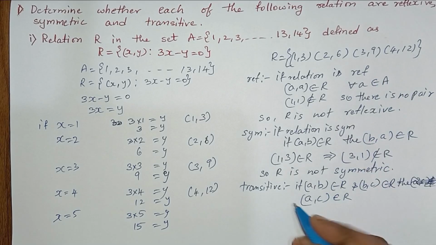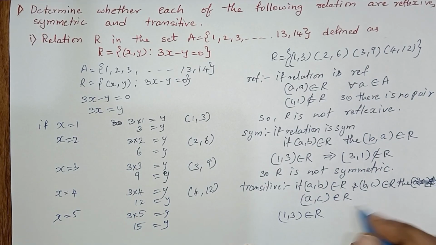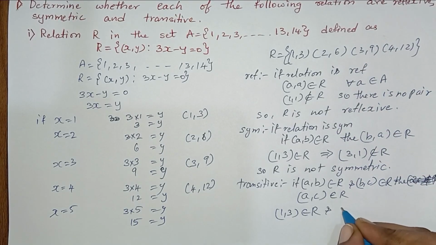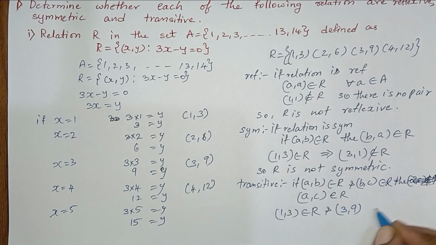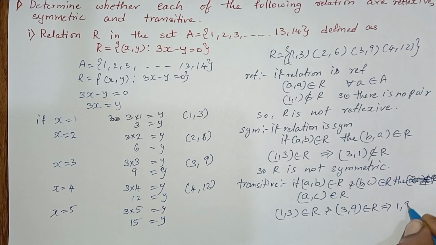We know that (1, 3) belongs to R, and (3, 9) also belongs to R. This implies that (1, 9) should belong to R.